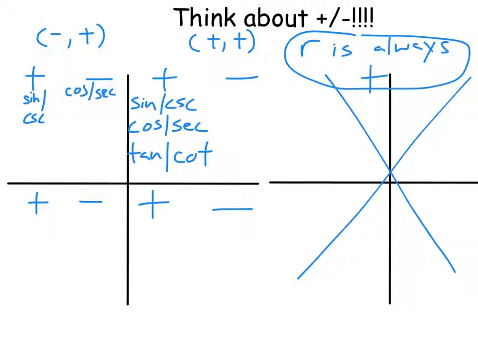Now for tangent and cotangent, that's some combination of x over y, or y over x. So you've got a positive number and a negative, and that is going to give you a negative trig value. So we go over to quadrant 2, and 4 of the trig functions now take on negative values.